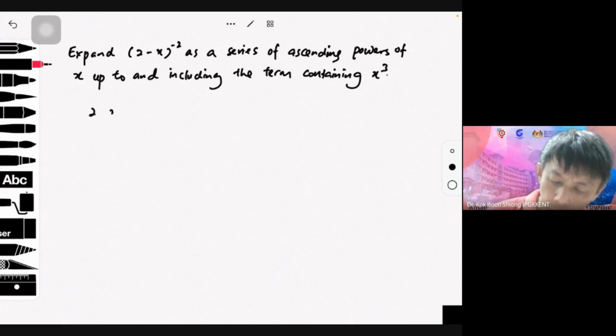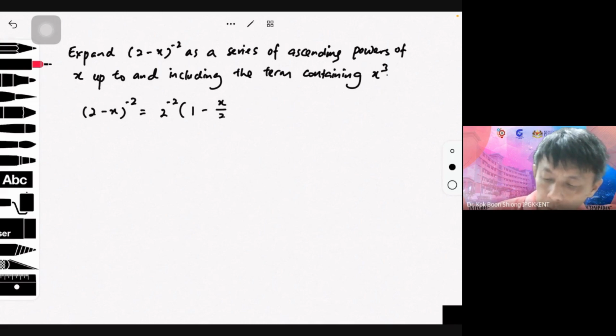So the first step, 2 minus x to the power negative 2 equals 2 to the power negative 2 times 1 minus x over 2 to the power negative 2.